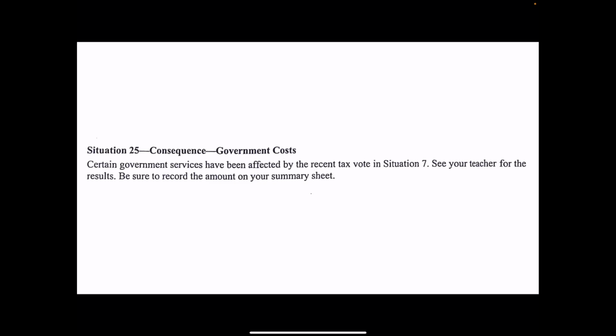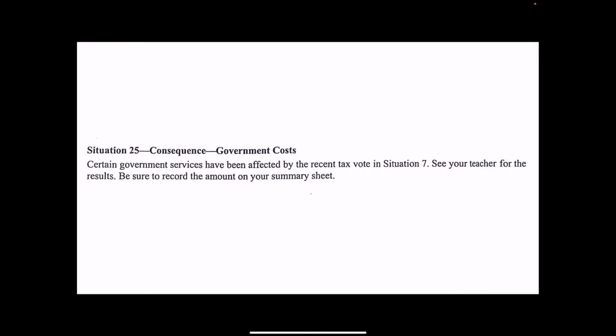Remember that in situation 7, choice A was vote for a tax increase to maintain certain current public services. B was an increase also, and C was vote against the tax increase. So in situation 25, if you chose A or B, the amount is 0.